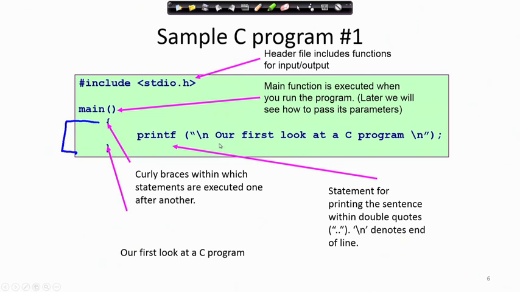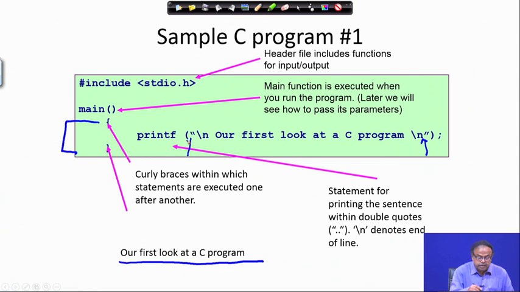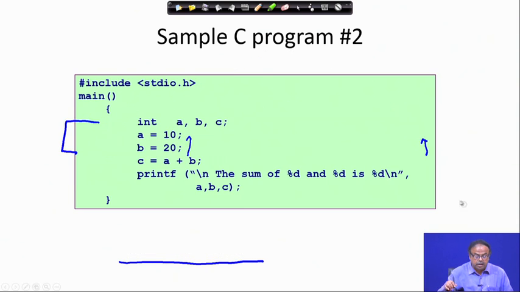It will print our first look at the C program, as is shown here. Printf within quote, here there is a start quote, our first look at the C program, and an end quote.